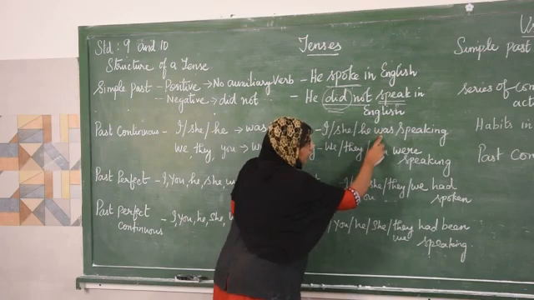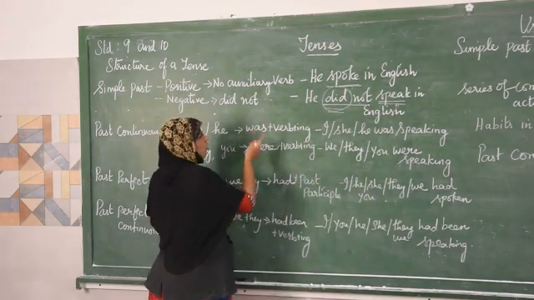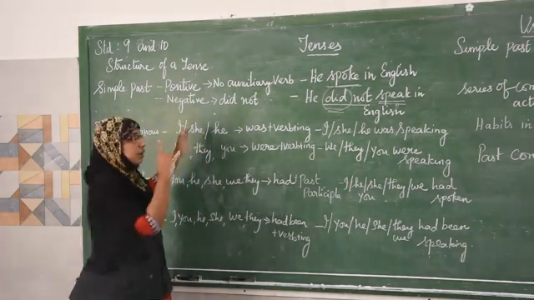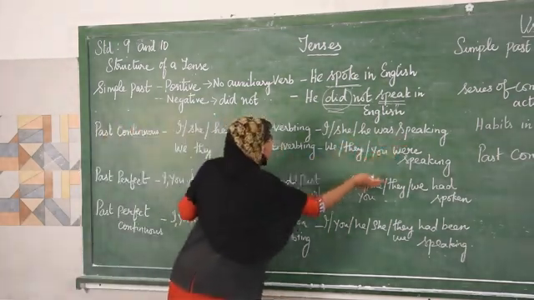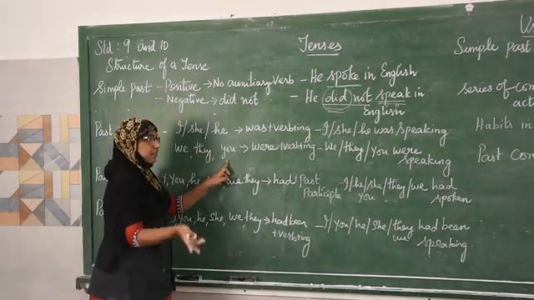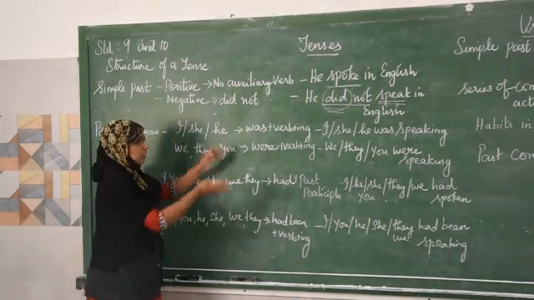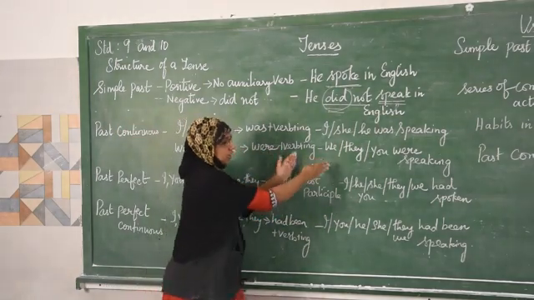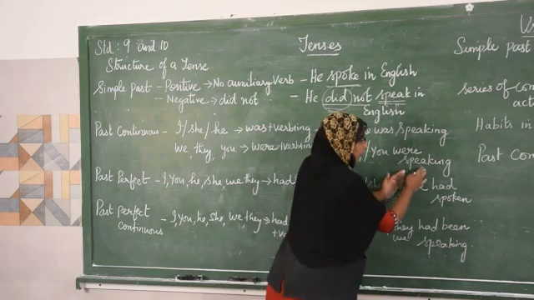Clear? So always for the past continuous tense, for first person and third person, if it is singular, you have to add was speaking. If it is plural, we, they, you, the second person, whether singular or plural, what you have to add? Were plus verb plus ing. We, they, you were speaking.